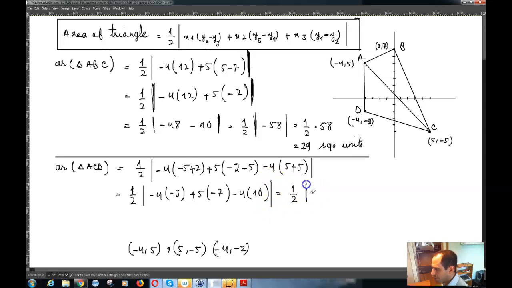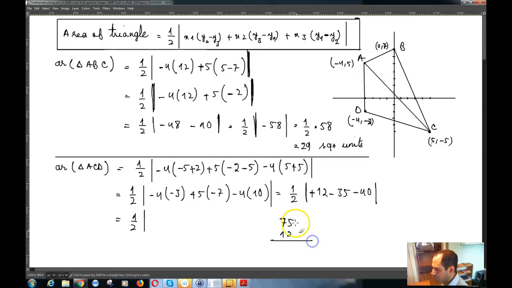1/2 times +12, -35, -40, and that is equal to 1/2 times the absolute value of, so you have 75 minus 12. 75 minus 12 is equal to 63, so that's negative 63.